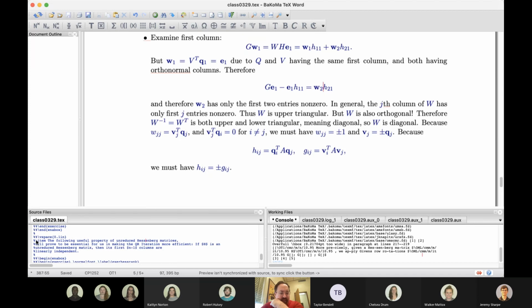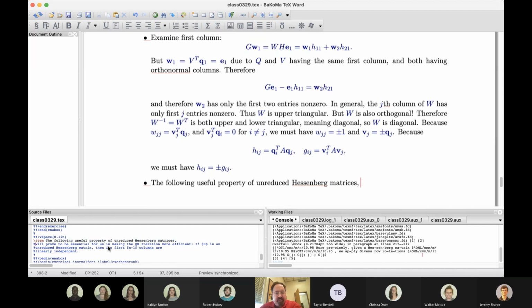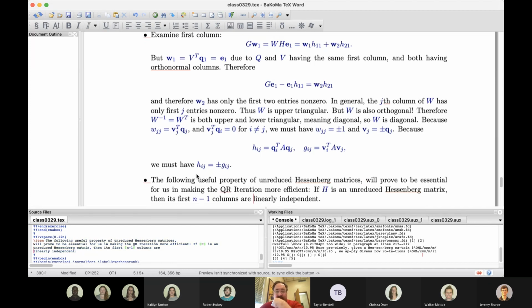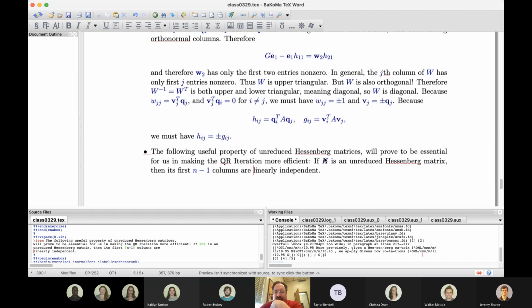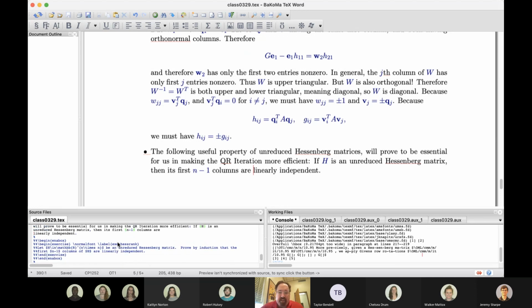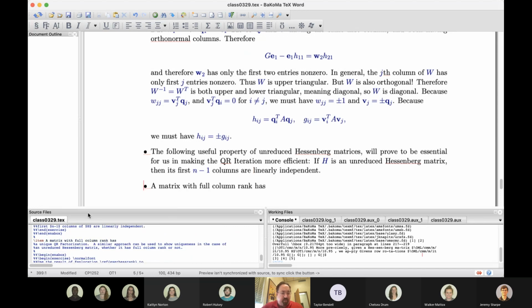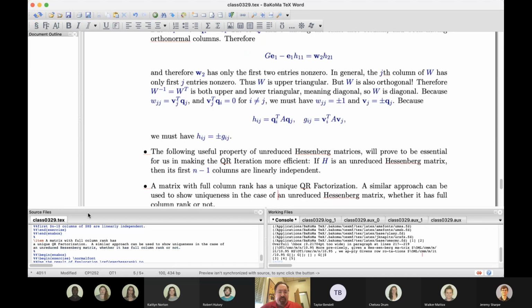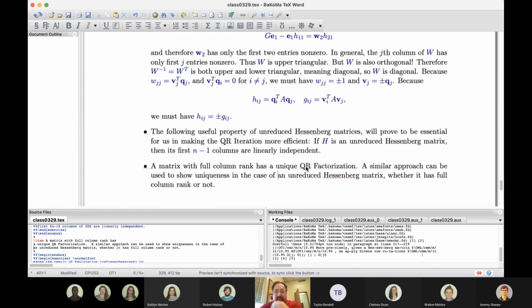The Hessenberg reduction has this form of uniqueness in a way. Another property that's helpful is that if H is an unreduced Hessenberg matrix, the first n-1 columns have to be linearly independent. That's something that can be proved by an inductive argument. Keep in mind, again, where the columns have non-zero entries. And this is important because if a matrix has full column rank, the QR factorization is unique.